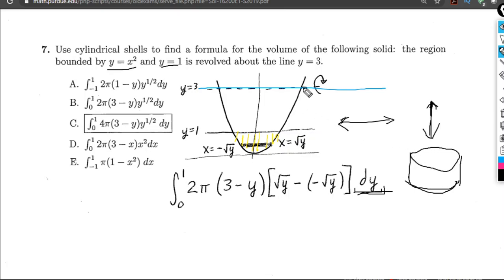So the rotating axis should be the same direction as the height of that shell. And since the rotating axis is horizontal, that makes the height horizontal.